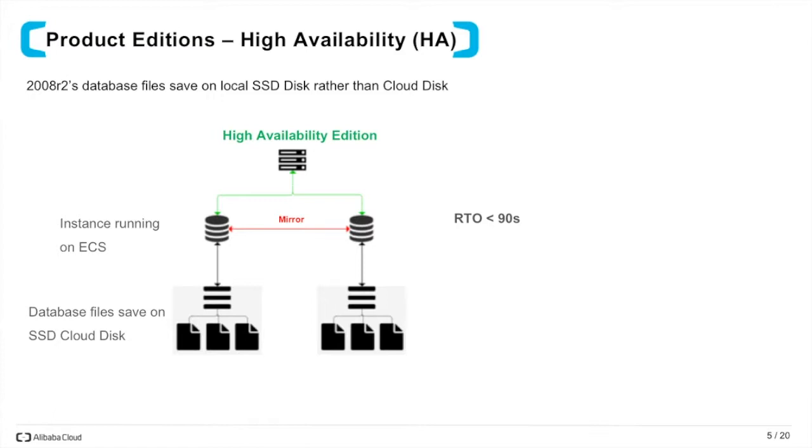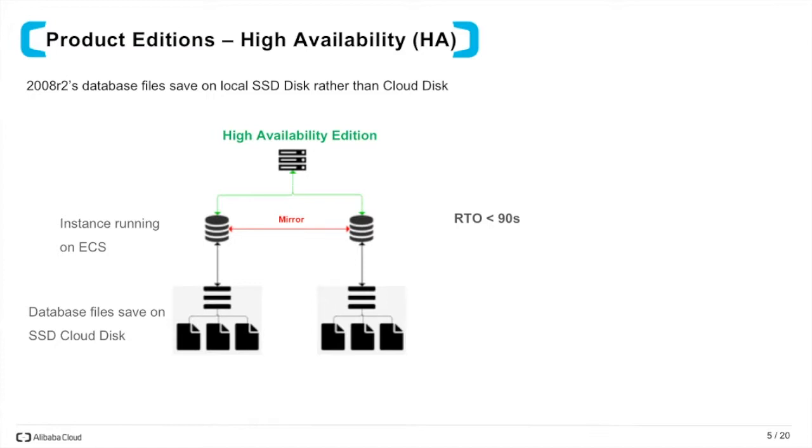Just for now, the cloud disk will achieve a higher IOPS when it releases the eSSD. So 2012 or above editions, whose instance is deployed on the ECS and the database files are saved on the cloud disk, can more easily get extra hardware dividend than 2008 R2.